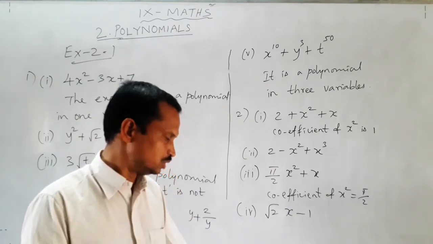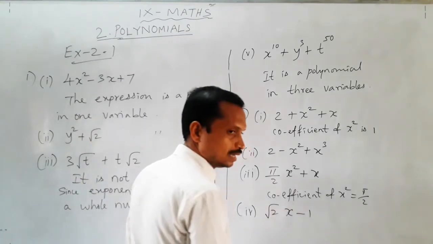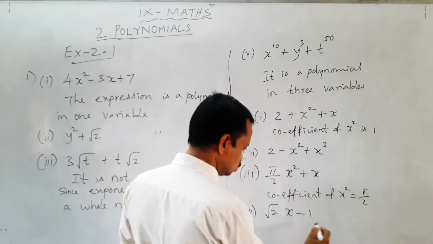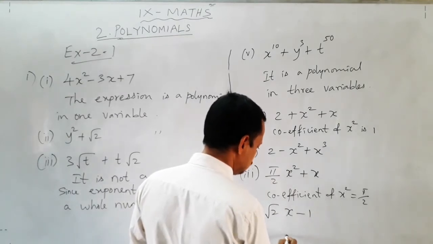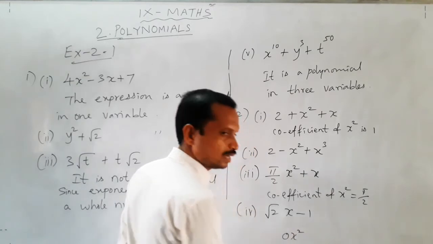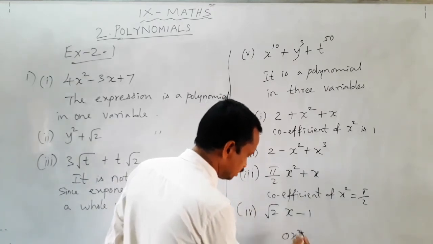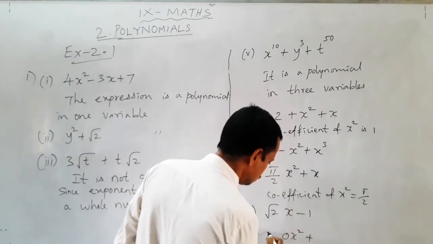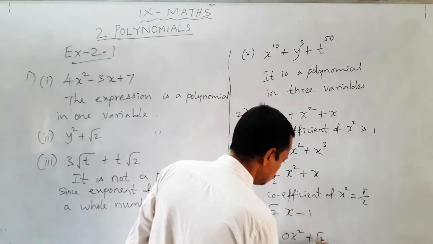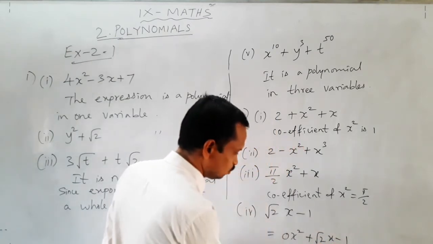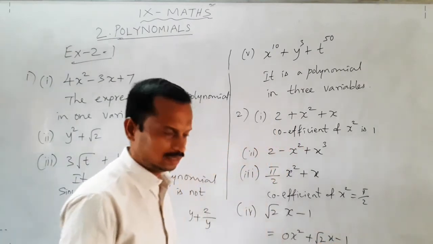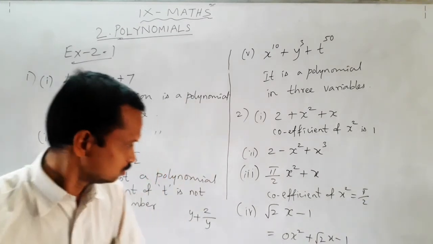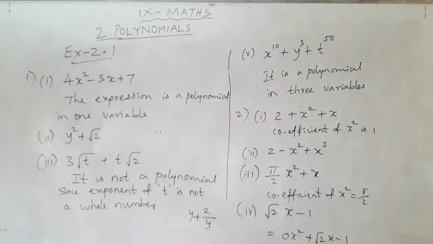Here is 0 because no x square term is there. So you have to write the coefficient of x square is 0. If you write 0 into x square, that is right. Clear? So you have to write like this: 0 into x square plus root 2 x minus 1. So what is the coefficient of x square? 0. Like that we can understand. Clear? And now we shall go to the next sum.